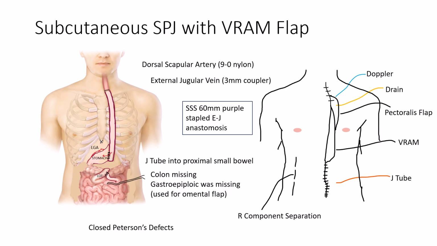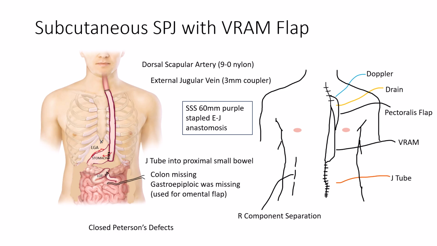The top portion of the jejunum has to be anastomosed to the left internal mammary artery and a transverse cervical artery, and the venous anastomosis has to go to the left internal mammary vein or to the external jugular vein.